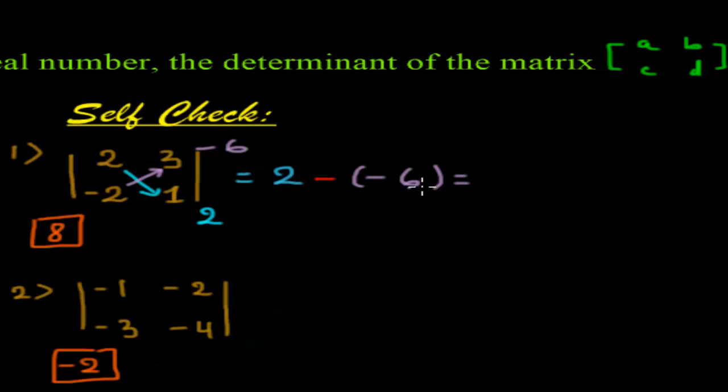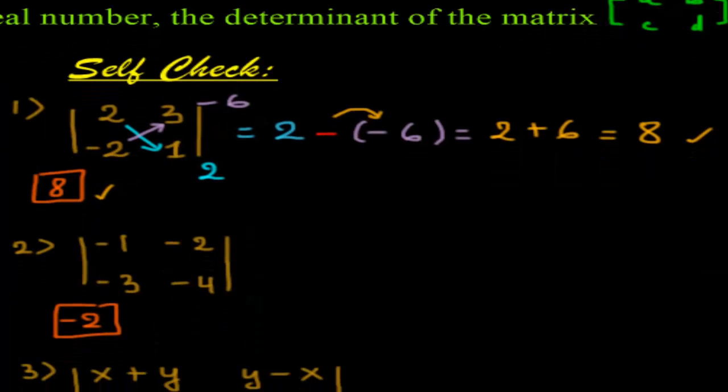If you got the wrong answer, I believe it's because you plugged in just +6. That's a common mistake. So make sure you use parentheses when you plug in a negative number. Then negative times negative gives me positive. So 2 plus 6 gives me 8. And that matches what I have here.